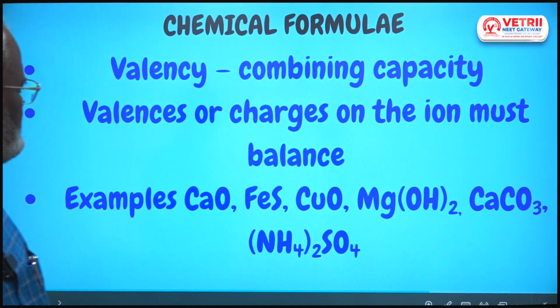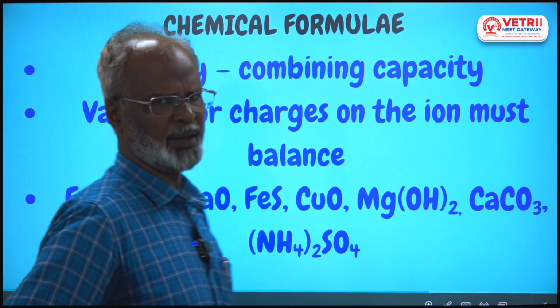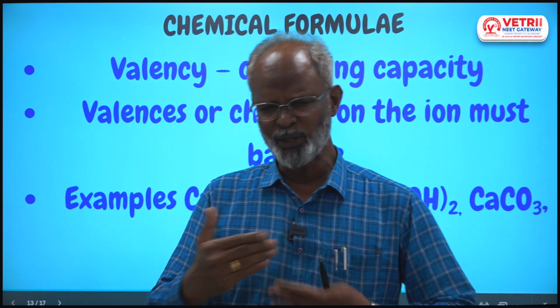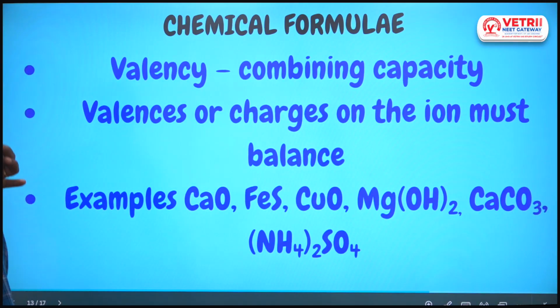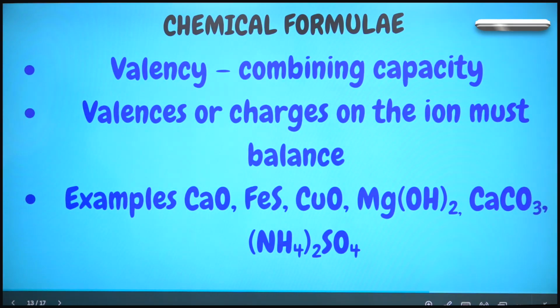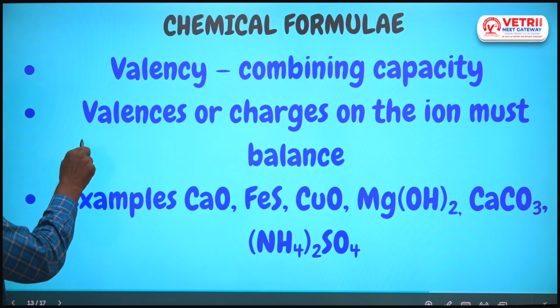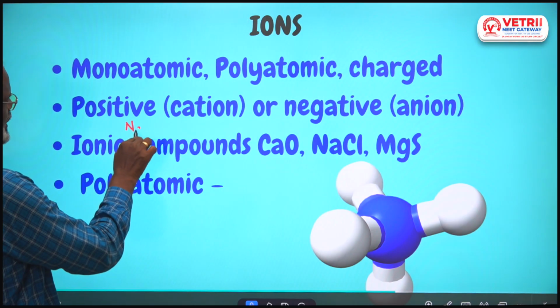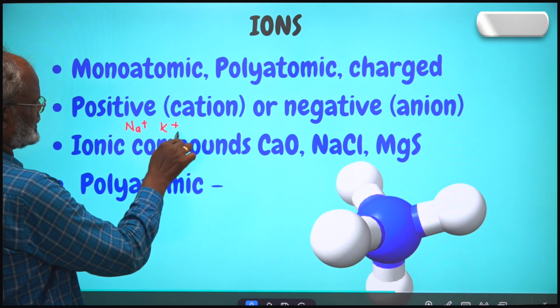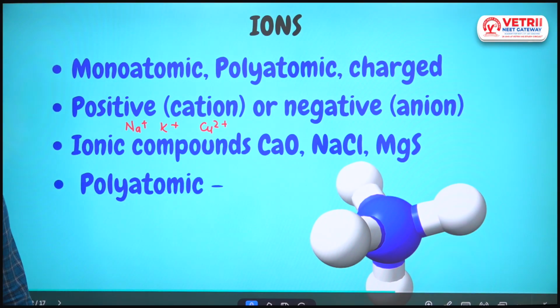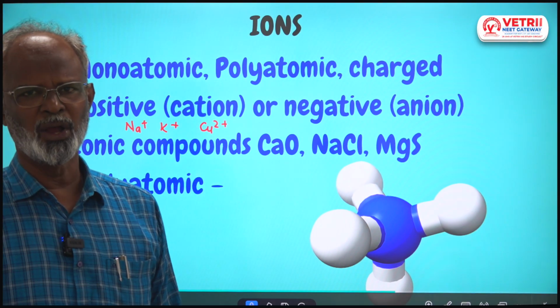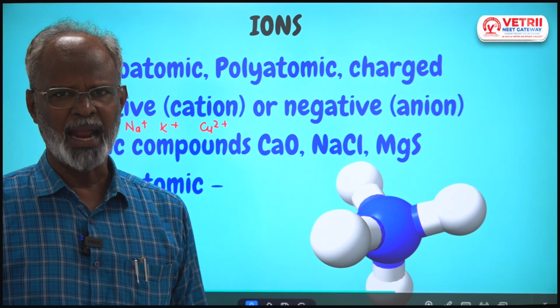Here I want to give you some examples, so that when you get used to them, you will remember them easily. I'll give some examples of positively charged cations and negatively charged anions. I've already given you some examples like Na+, K+, Cu2+, and here you must also know about the variable valencies of the metal cations.